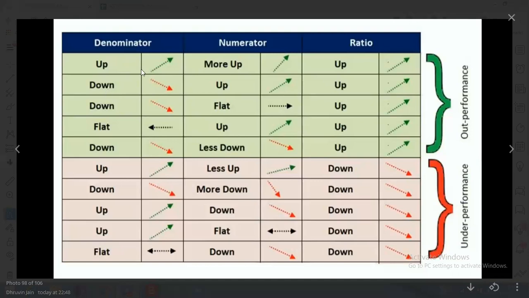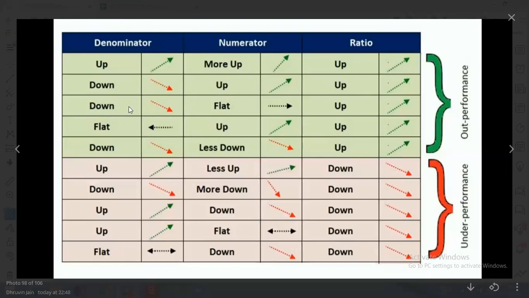And when the Nifty is down but your Nifty Financial Services is up, that also means your ratio line is up. That is actually good outperformance. When the whole market is down, still your sector is moving up, that is a good outperformance by that sector.